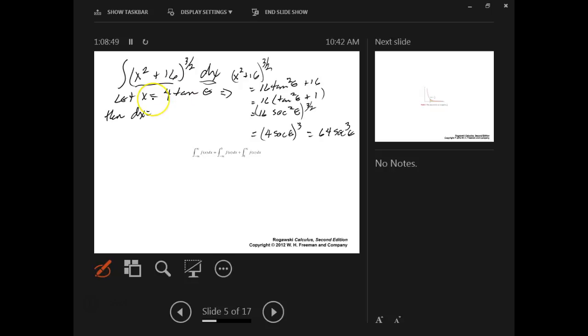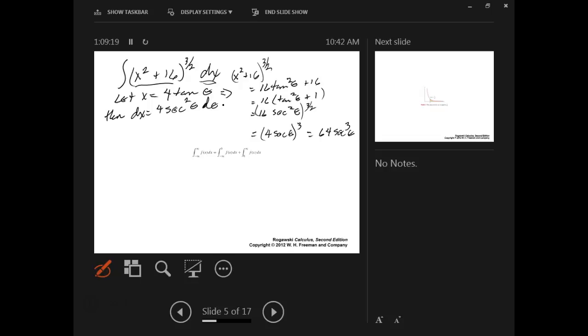You're taking the derivative of that. So it would be 4 secant squared theta. The derivative of tangent is secant squared. And just the 4 is there. You need one other little thing here. d theta. Exactly. All right.